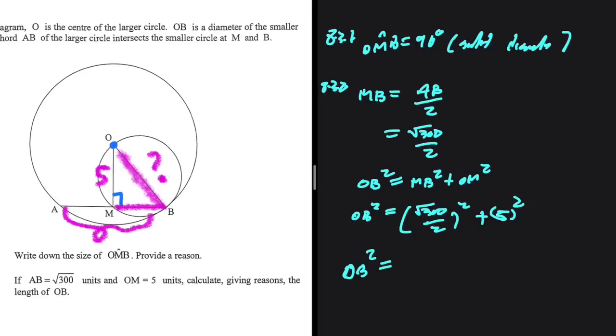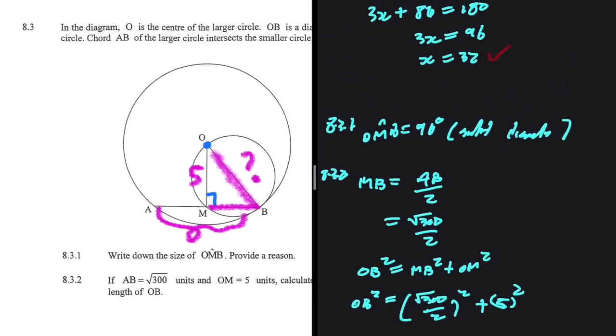Square root of 300 divided by 2 squared plus 5 squared, that is 100. So if we take square roots on both sides, we get OB is equal to 10. So yeah, there we go.